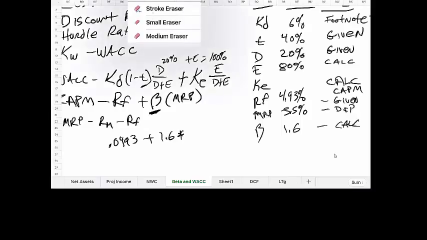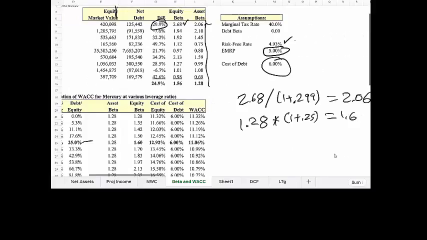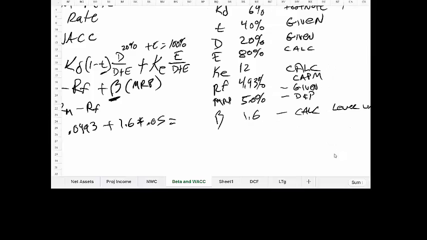And I think I listed it here as 5.5. That was an error. It should be 5%. We're going to use the old Duff and Phelps because that's when this case was written. And if we do this math, we'll find that our cost of equity is equal to 12.92%.